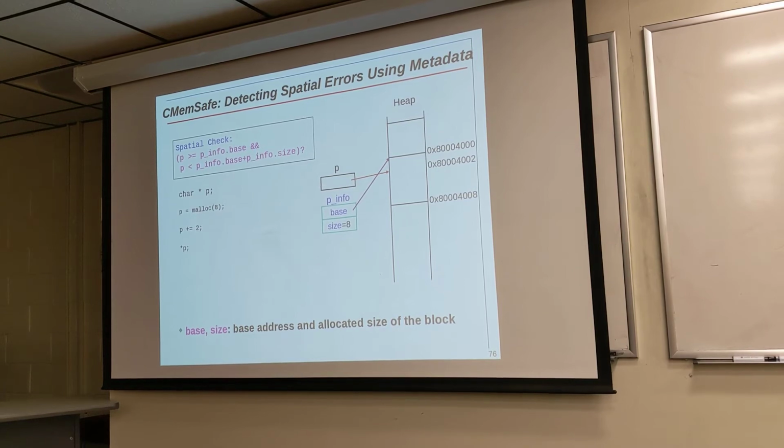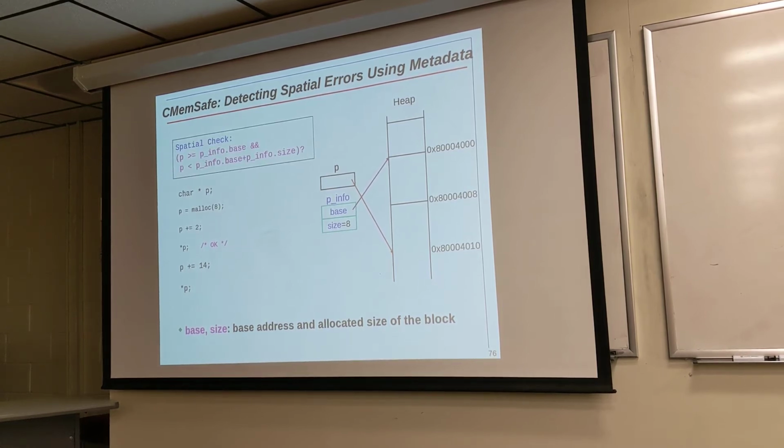So it's going to do this check if P is greater than the base and less than the size, right? So then it's okay. Then P equal to P plus 14, then it's pointing over there, and then the check will fail because it's not between the base and size.